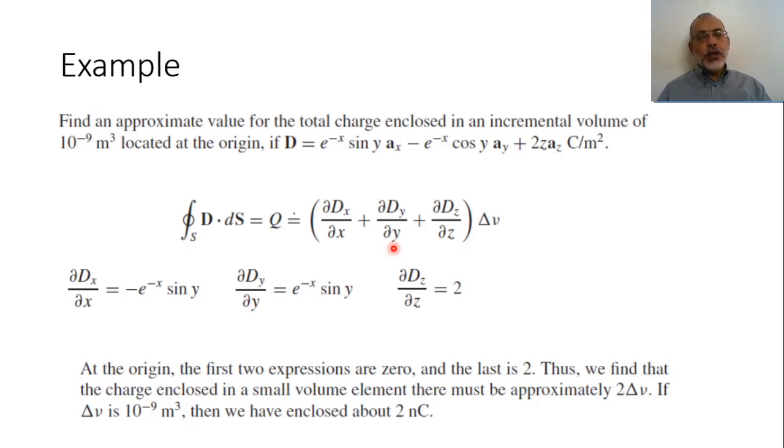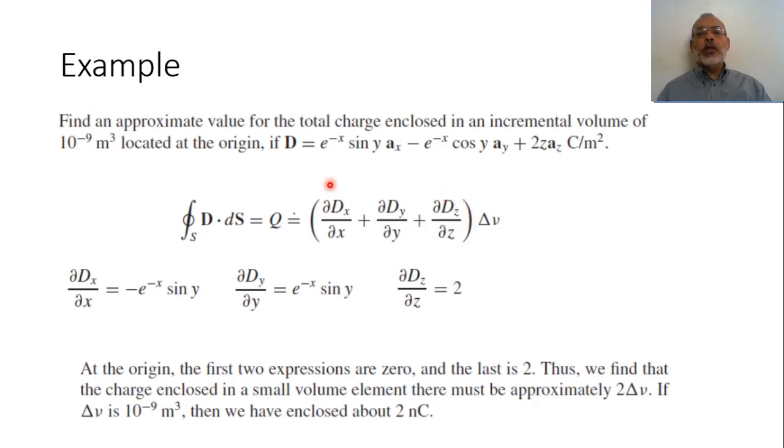Nabla dot D equals rho v, and rho v multiplied by delta v would equal the charge enclosed. So we can calculate it by nabla dot D equals rho v and multiply rho v by delta volume.